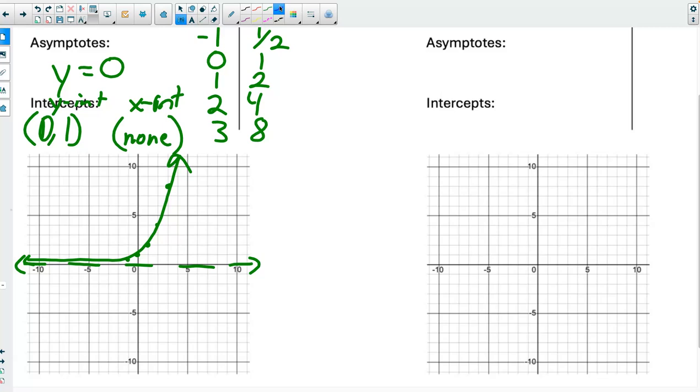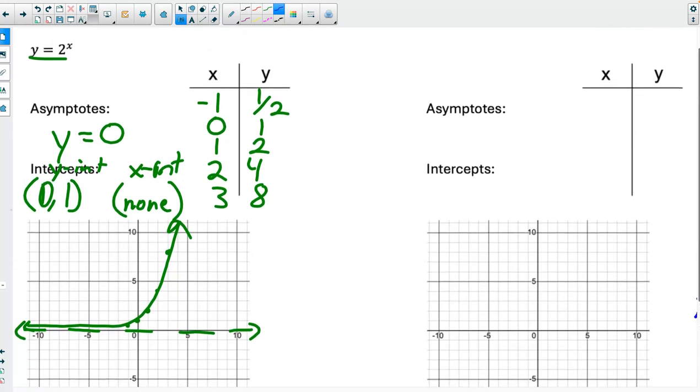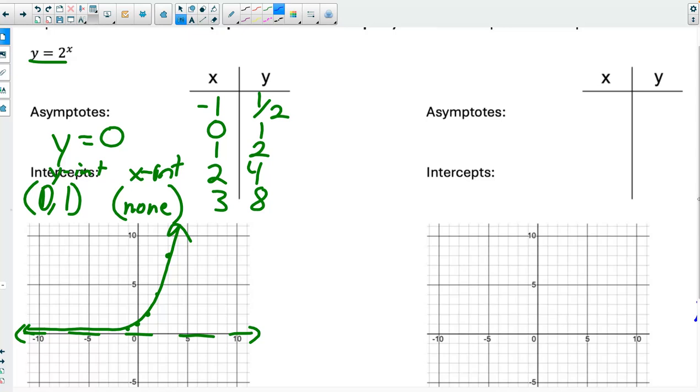That is our exponential function. We have a base of 2, and we have x as the exponent. Are we good there? We all got it?